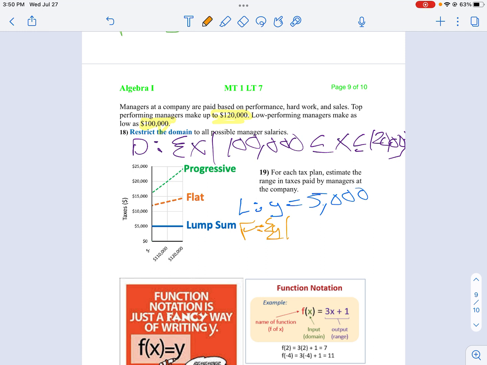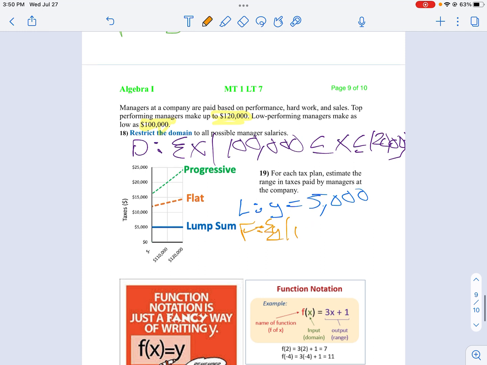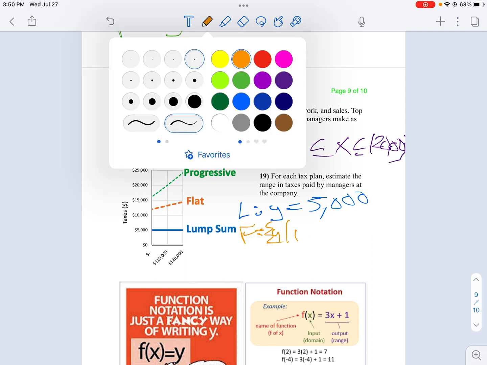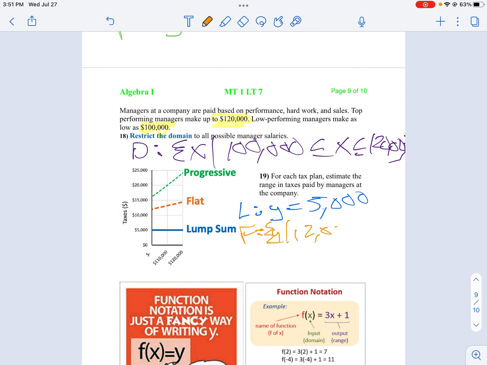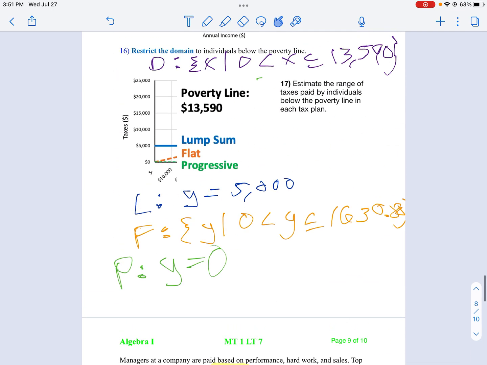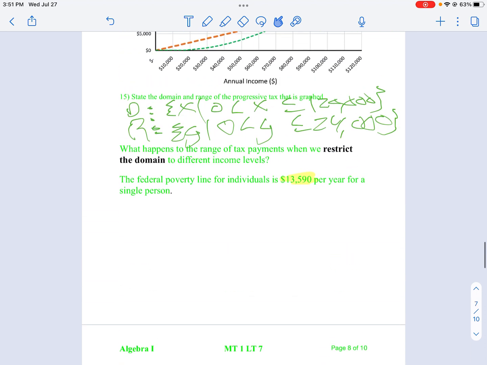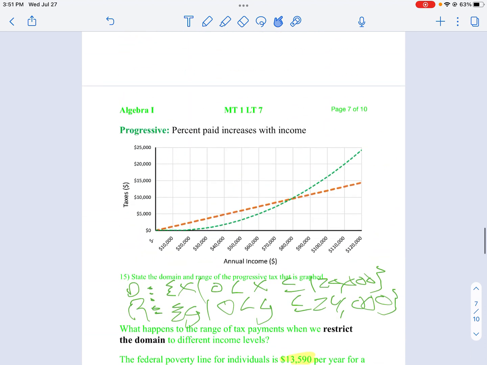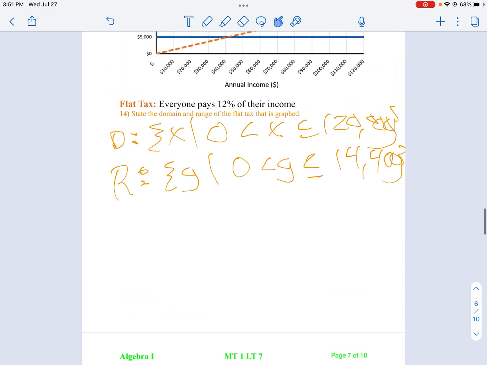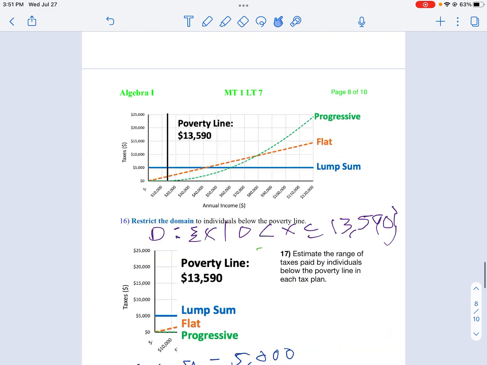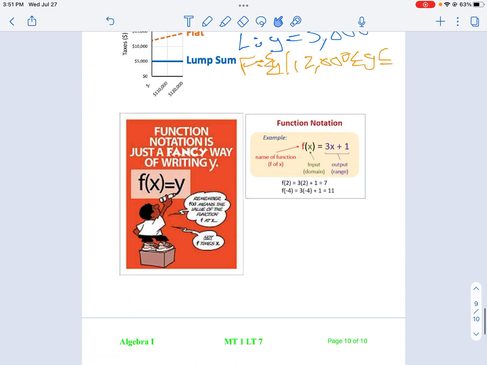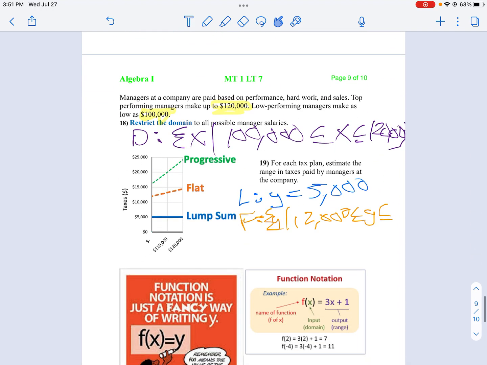So I'm going to go from 12,000 less than or equal to y, which is less than or equal to, and then of 120,000, we did that before, didn't we? I've got to find where I did it. Back way over here, my orange, and 14,400. So I can see my range is going to go up to 14,400.